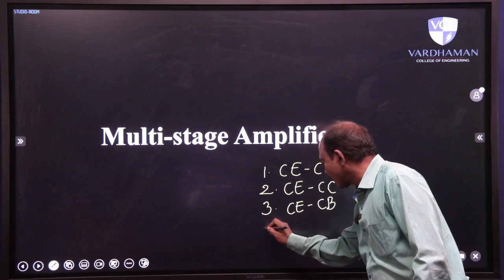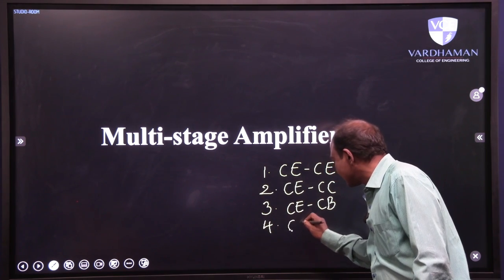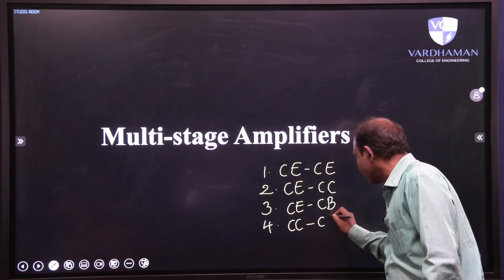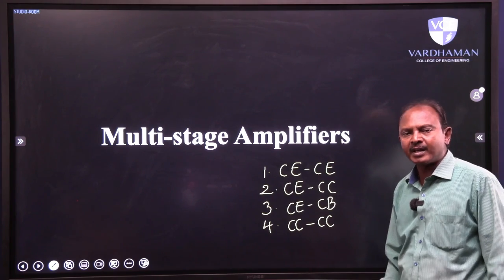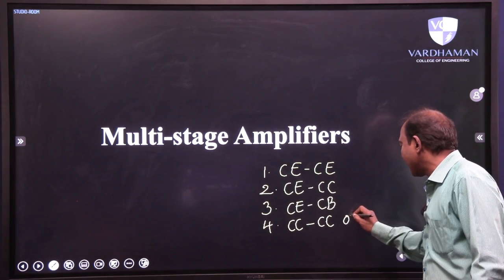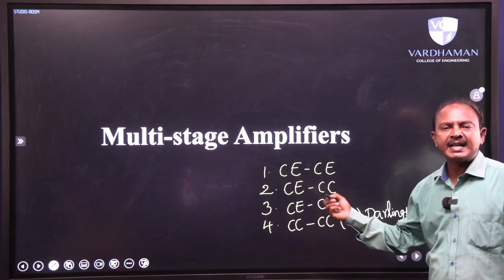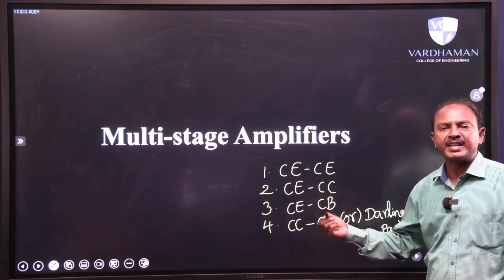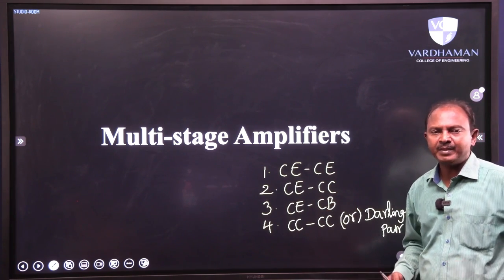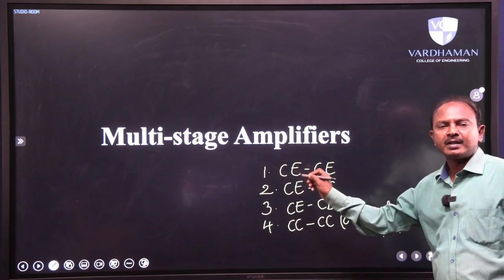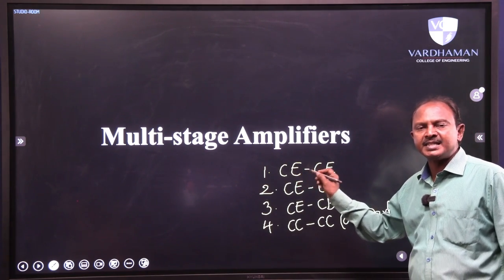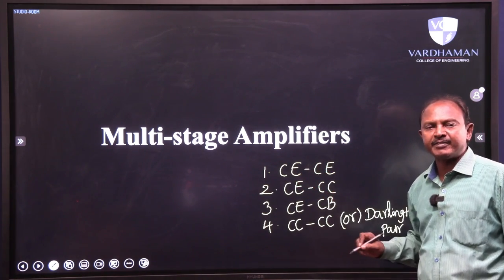And number four, CC-CC cascade amplifier or Darlington pair amplifier. These are the various possible multi-stage amplifiers, depends upon the configurations of BJT which we cascade. The most popular cascade amplifier is CE-CE or two-stage RC coupled amplifier.